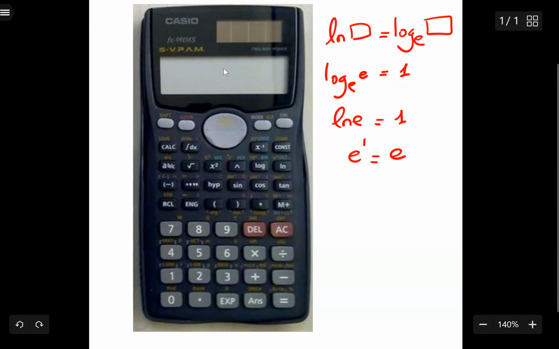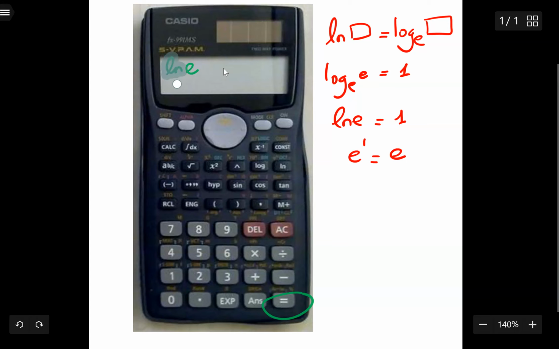So let's say you put in ln, then you press the shift key, and then you press the key again to get the e, and let's try the equal sign. I press shift on my calculator, I put in the e, and I press equal, and immediately you see that it's giving you a syntax error.